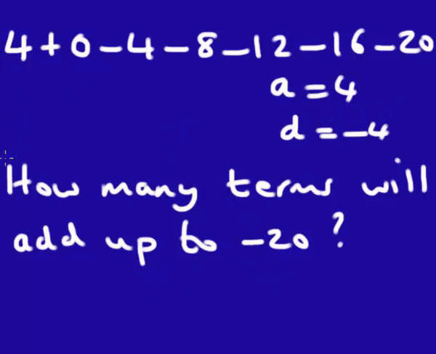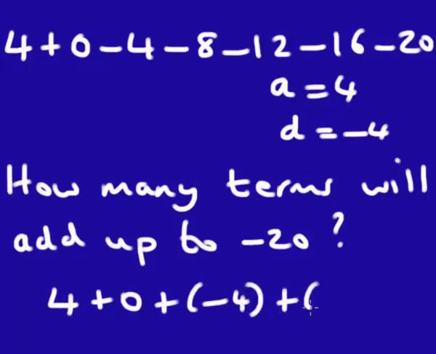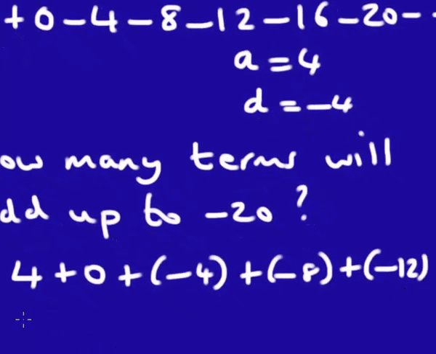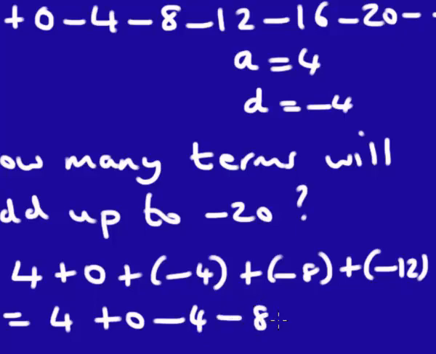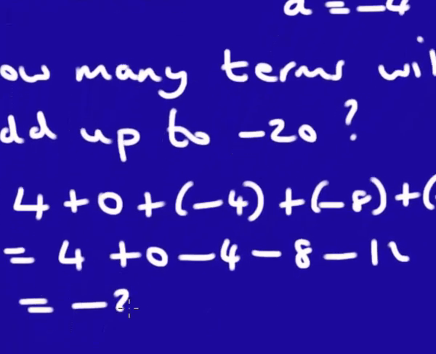Well, let's have a look at this. If I take 4 and I add 0, and then I add negative 4, and then I add negative 8, and then I add negative 12. Look at this. This is going to give you 4 plus 0 minus 4 minus 8 minus 12, which is negative 20.